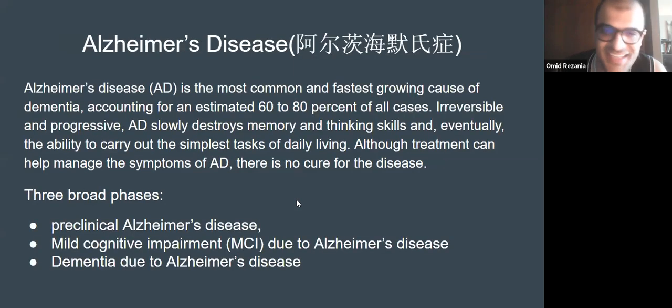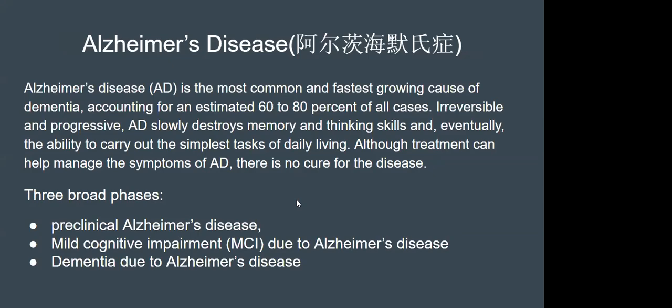Oh, there it is. And then I will talk about Alzheimer's disease, which we can simply call AD. AD is the most common and fastest growing cause of dementia, accounting for an estimated 60 to 80% of all cases.